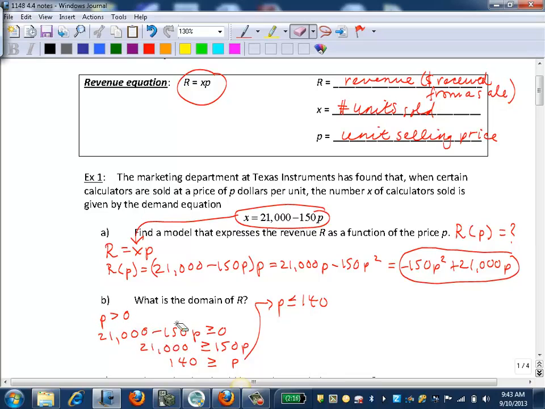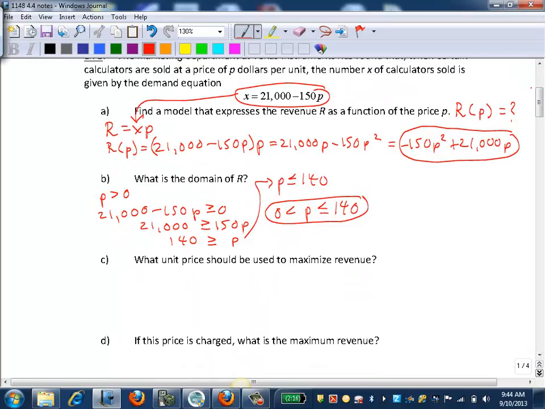And then here, because the units sold has to be greater than or equal to 0, here's another restriction on our domain. So if we put the p greater than 0 and less than or equal to 140 together, we can make a chain. So that means p has to be between 0 and 140, not including the 0, but yes, including the 140. So this is our domain. And just pay attention whether they want it in interval notation or in an inequality form like this.